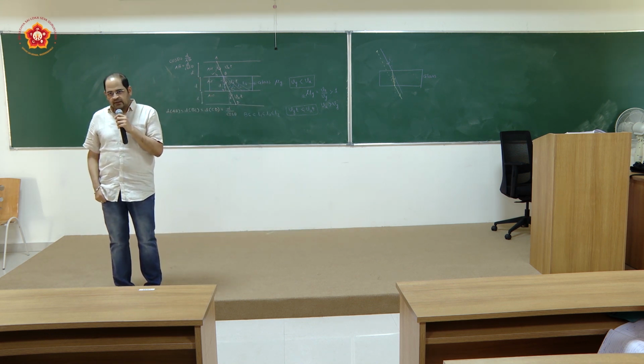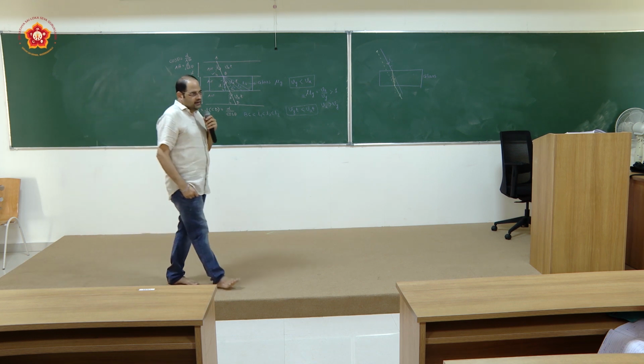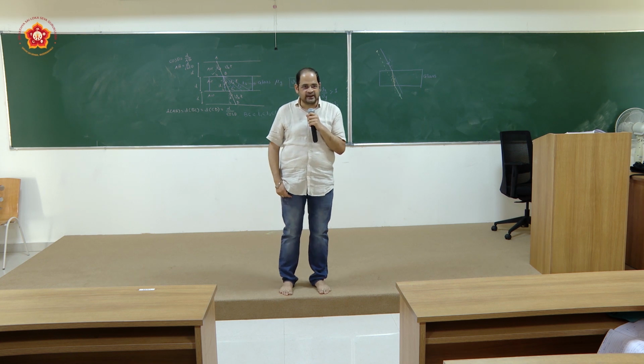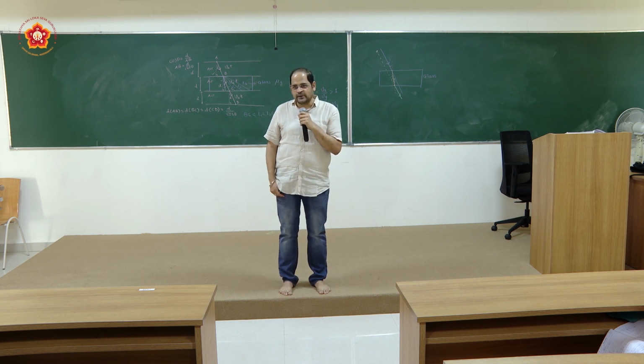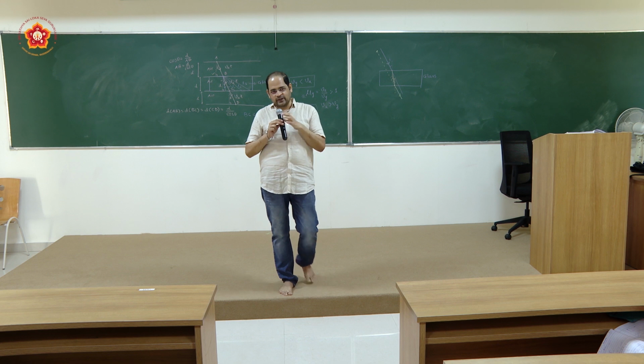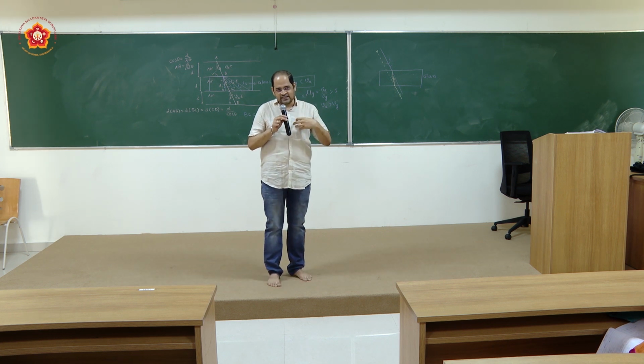Correct? So just tell me, in a classroom, few students are wearing the specs, few are not wearing the specs. So those who are wearing the specs, they are finding my position somewhere different. And those who are not wearing the specs, they are able to see my actual position. Because in between your eyes and myself, there is a glass like this.